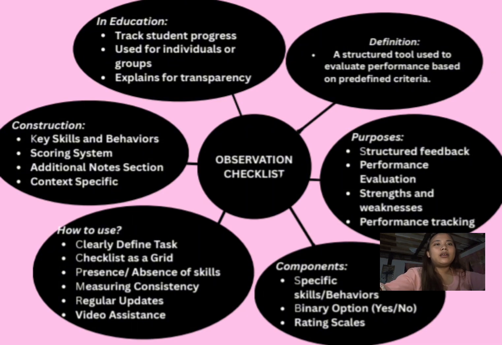You can check if the student wore safety goggles, marking yes, or if not, no. Another one: followed all instructions and cleaned up the workspace. The observer will simply check if a particular action occurred.